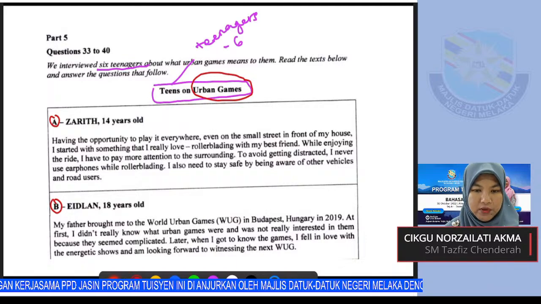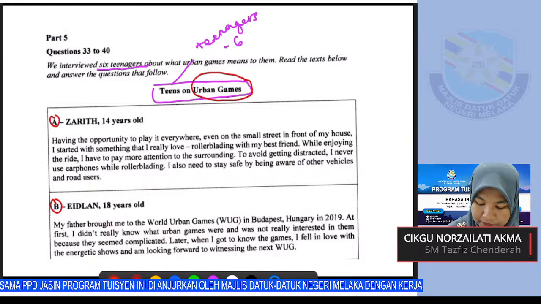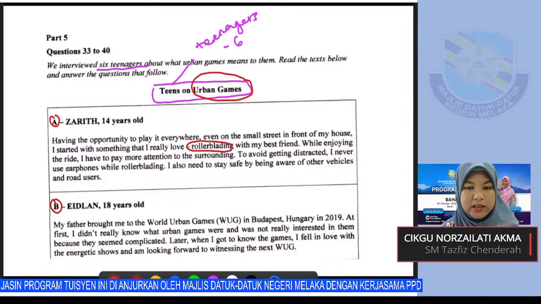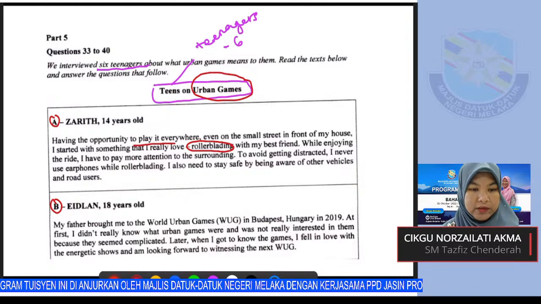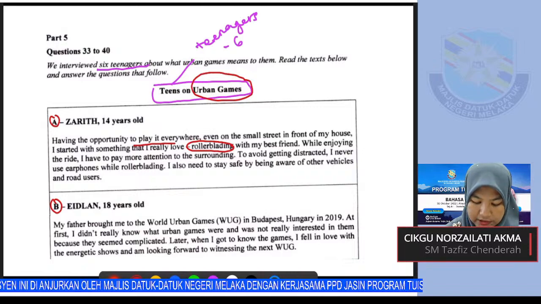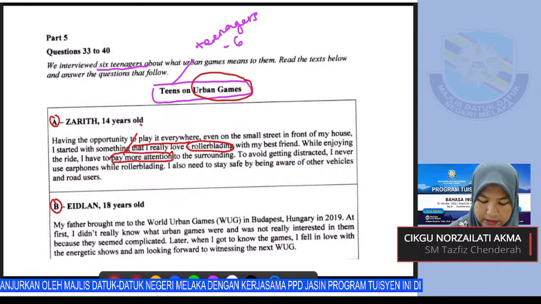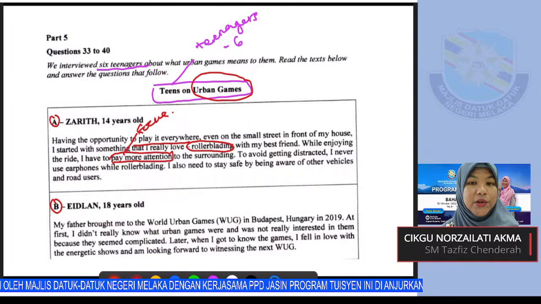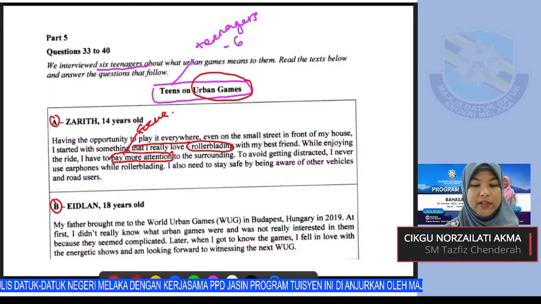Here for Zarif, the urban sport will be rollerblading. First, she talks about playing it everywhere. She really loves it. Then she mentioned that she needs to pay more attention. Pay more attention here means she needs to be focused on the surrounding. When she does rollerblading, she needs to be aware of the surrounding.